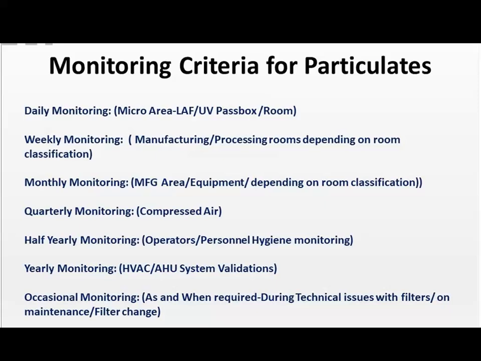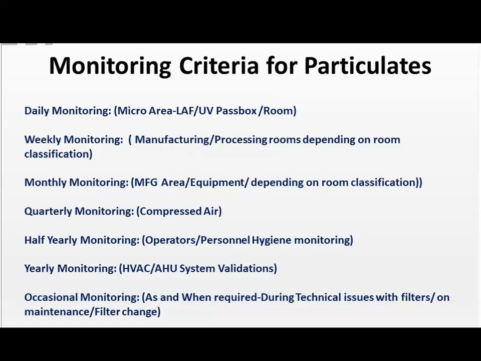And our critical area for daily monitoring would be a laminar flow hood, a UV pass box, an aseptic manufacturing area, manufacturing suite, or a biosafety cabinet, an isolator. We need to be sure that we're monitoring those on a daily basis, because these are our aseptic areas.